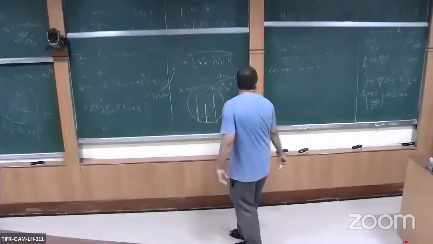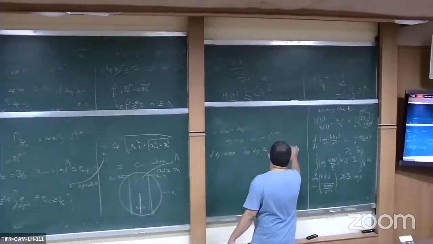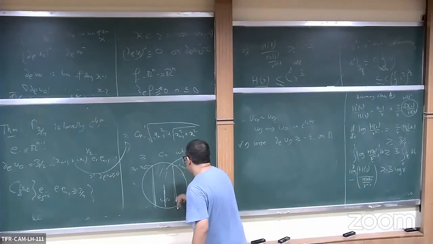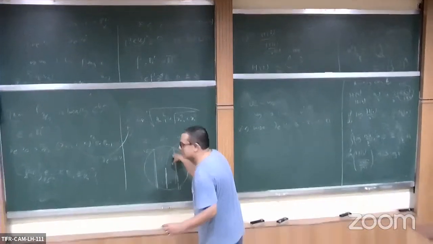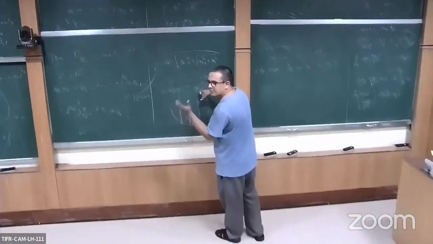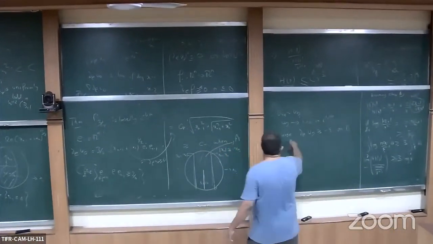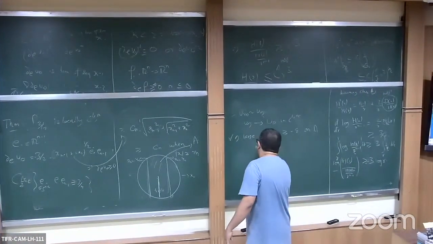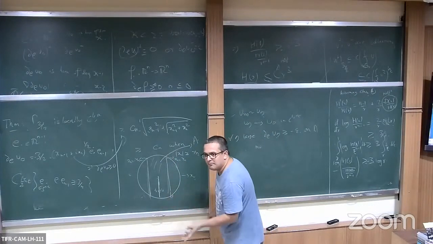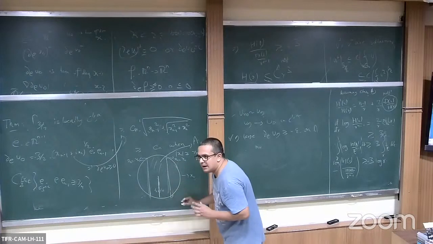So on this set A, moreover, because this has a quantitative bound which is gamma n, which is Cn, at least if epsilon is small enough, I can assume that this is at least Cn by 2. Because if epsilon is very small compared to Cn, at least this will be Cn by 2. Agree?